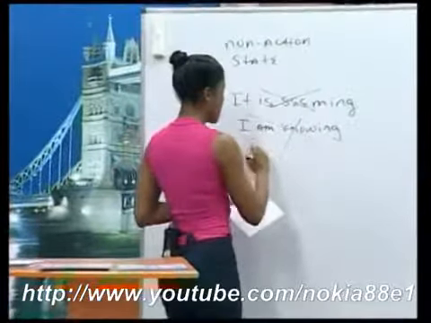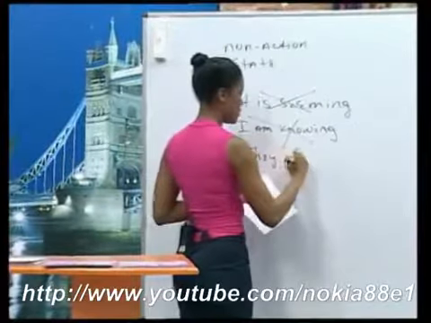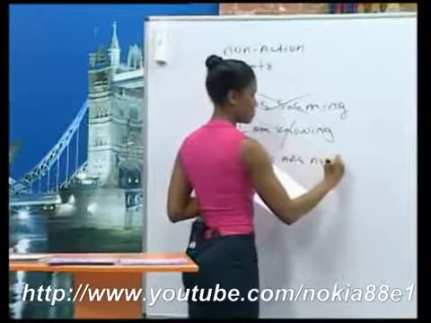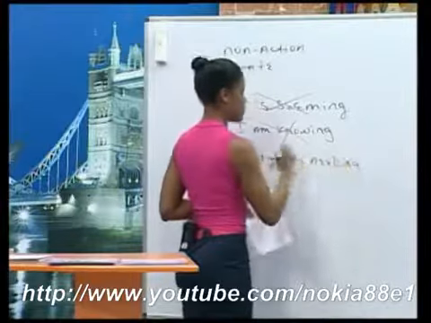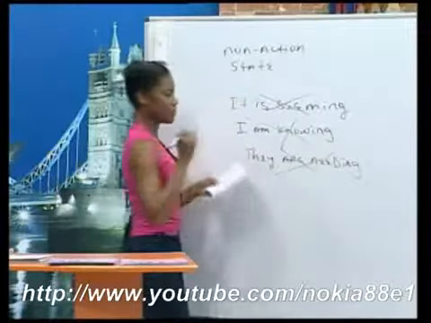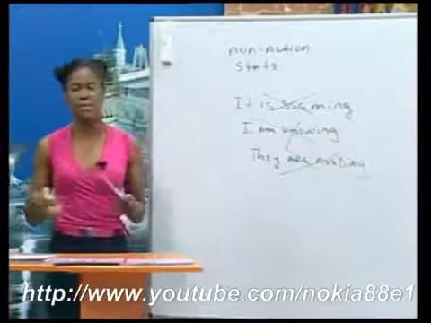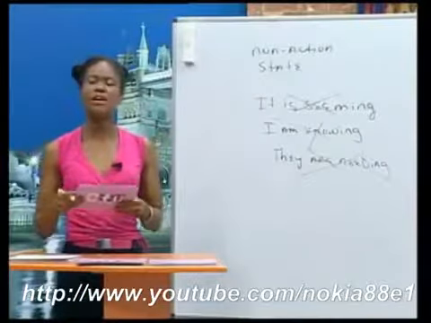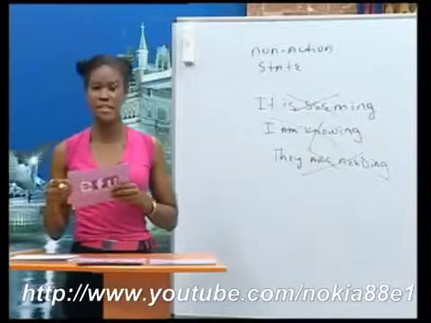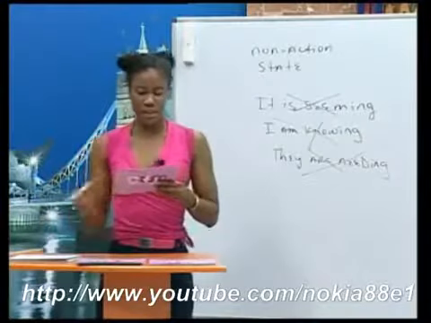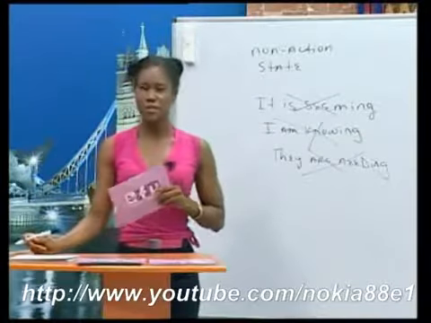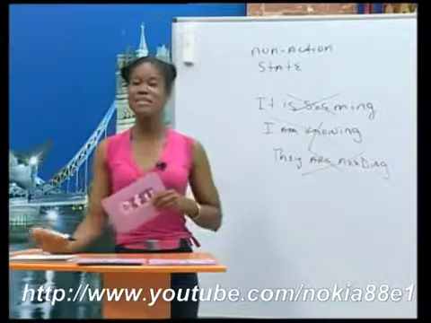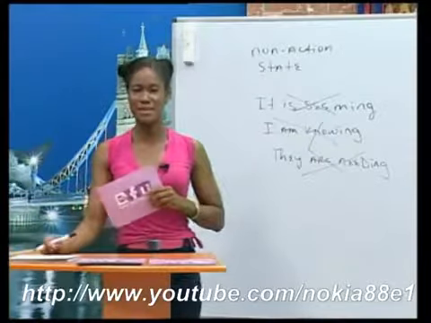And you cannot say, they are needing. That's wrong too. So these verbs express emotion or thought. They're non-action verbs, so they're not normally used in the present continuous form. There are many other examples of these verbs, but now it's time to look and listen.